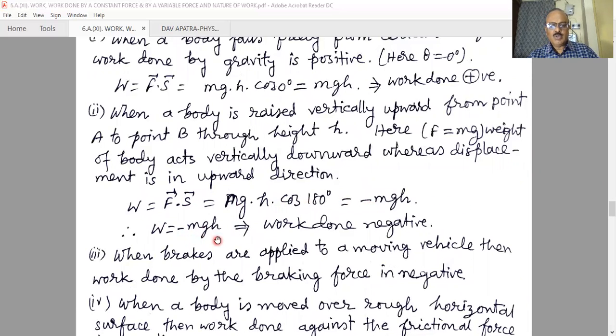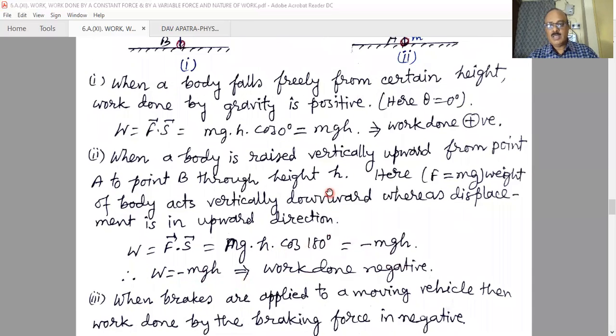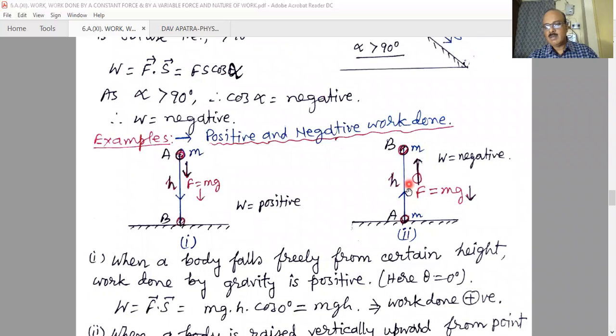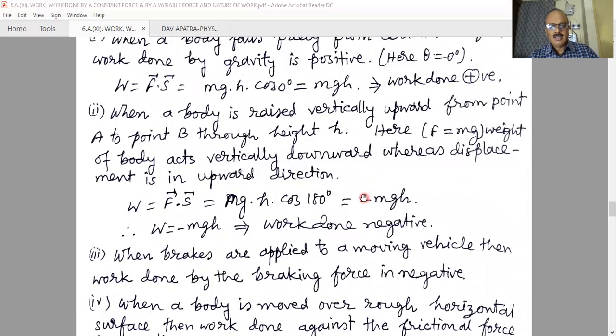That means work done is negative. In the same event, when an applied force raises an object against the gravitational force, its work done is positive, but the work done by the gravitational force is negative, because the gravitational force always acts downwards, but displacement is upward.